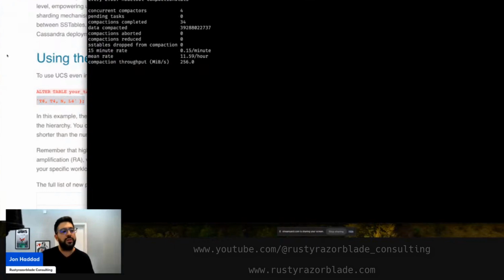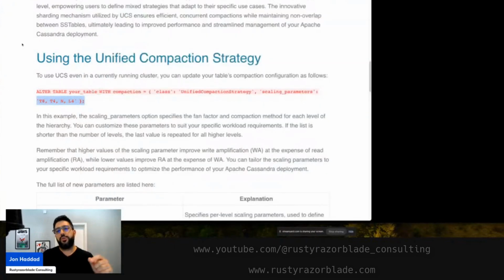So one of the nice advantages of UCS is that it will break up SSTables at predetermined boundaries. And so when you use your scaling parameters and you pass T4 or T8, T8 just means tiered 8.